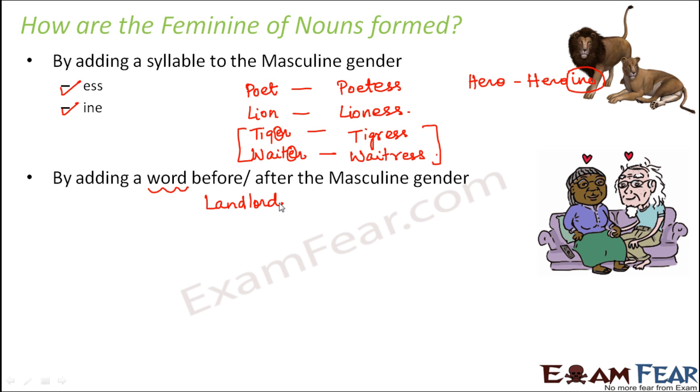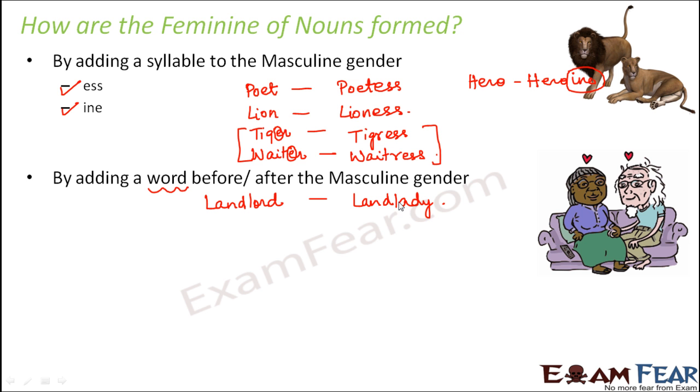If you are living there as a tenant, that person is your landlord. So what would be the feminine gender of landlord? If you look at the entire word landlord, it is made up of two words, land and lord. The first part remains the same. We just change the later part. The lord part is changed to lady.